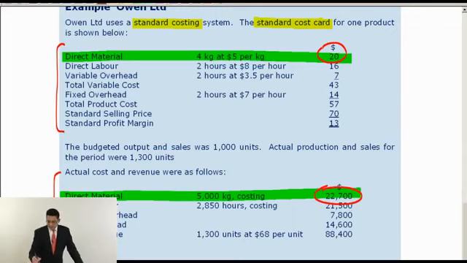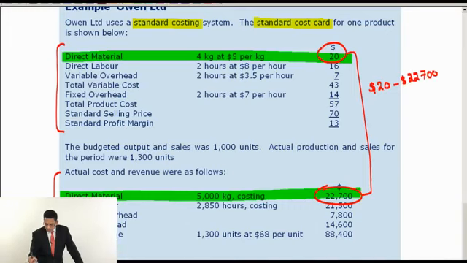I mean to say, do you think this will be the variance, $20 minus $22,700? And if I calculate this variance, do you think any manager will understand it? What do you think?